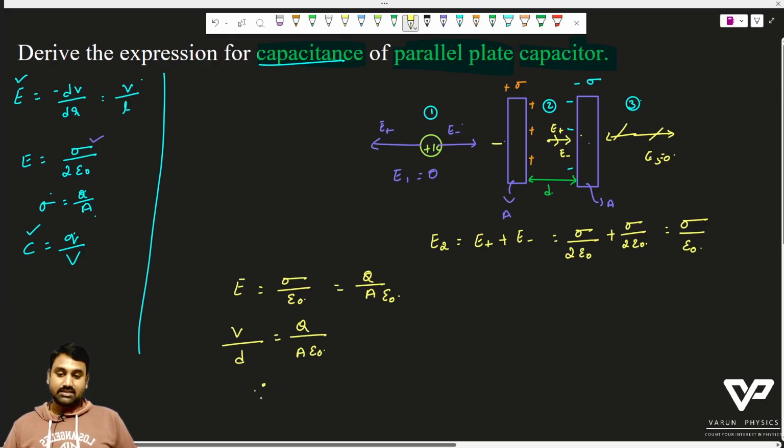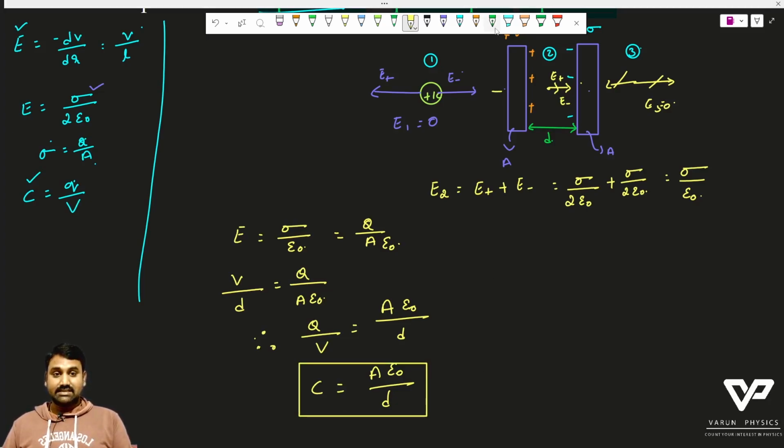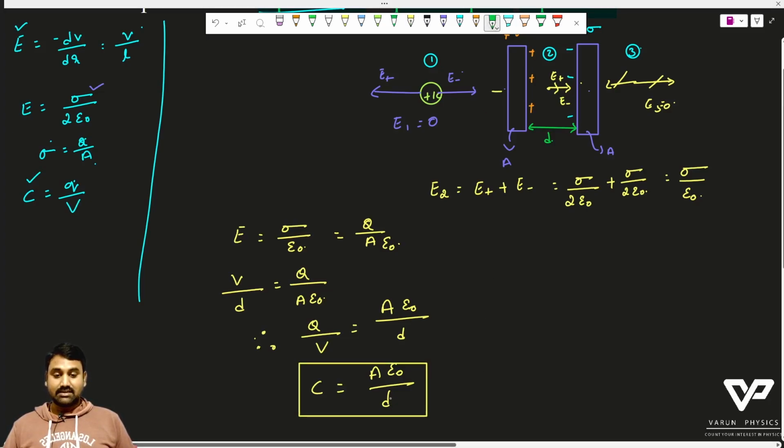Therefore, Q divided by V is equal to A epsilon naught divided by D. But Q by V is nothing but capacitance C. Therefore, the capacitance of this capacitor to store electrostatic energy is given by C equals A epsilon naught divided by D.